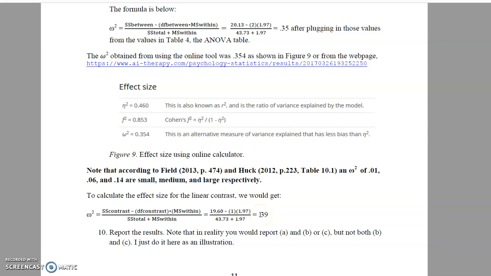So you can report any of these results. Both would be correct. But the website is easy. You just have to enter the data, copy paste the data, and that is all you needed to do. Okay, so this is what the effect size is. If you have any questions, please ask me, but the effect size will be there when you report on the one-way ANOVA.